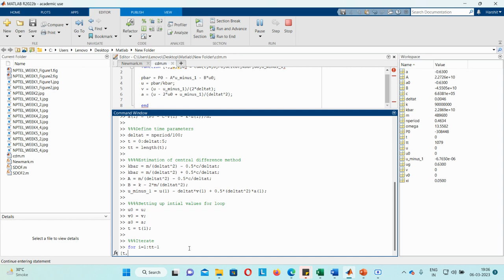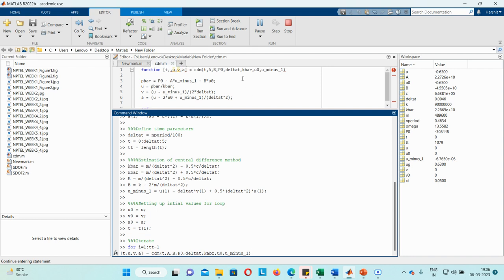Response will be t comma u comma v comma a is equal to cdm of t a b t naught delta t k bar u naught u minus 1. Just make sure that the order is same as what we defined earlier. This is k bar.